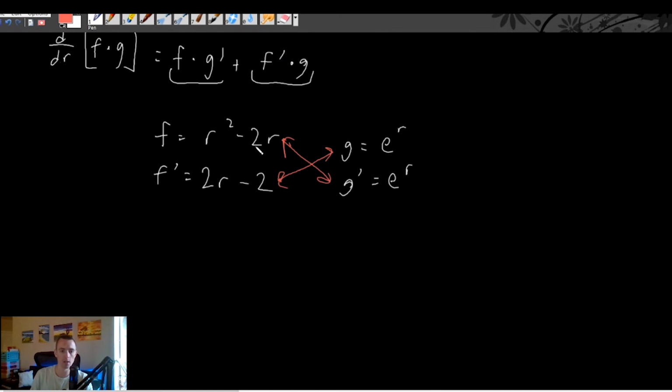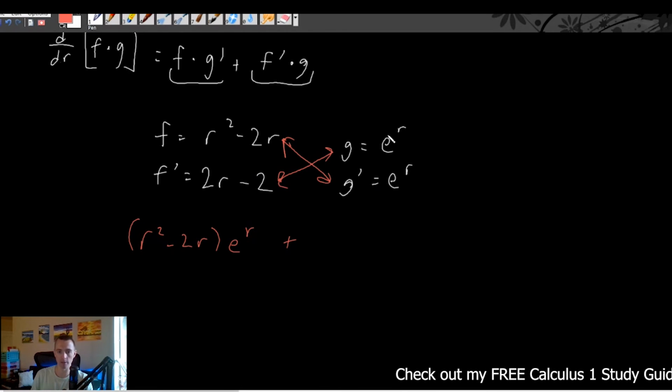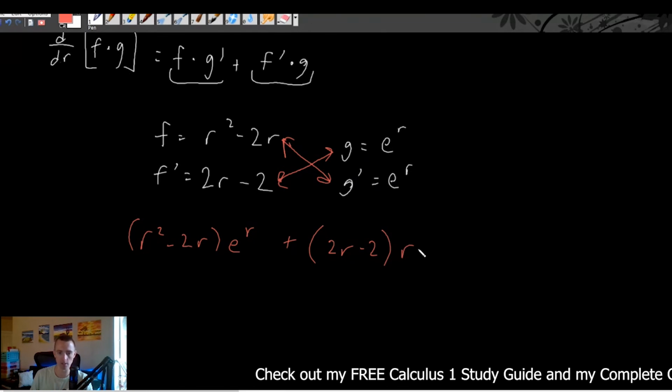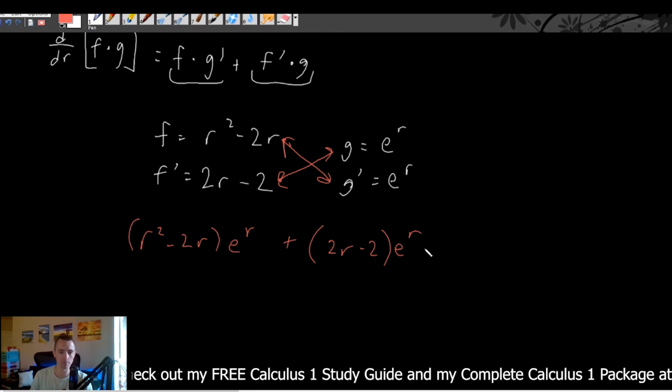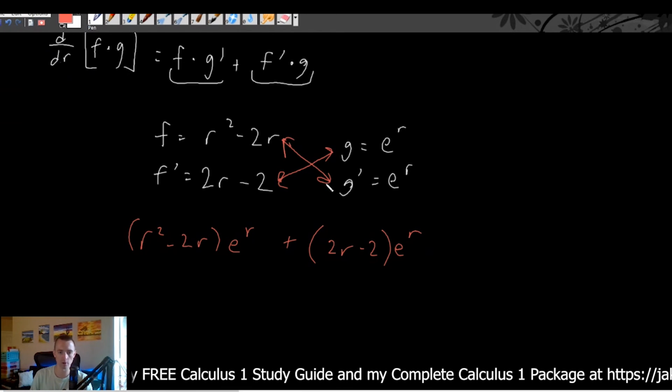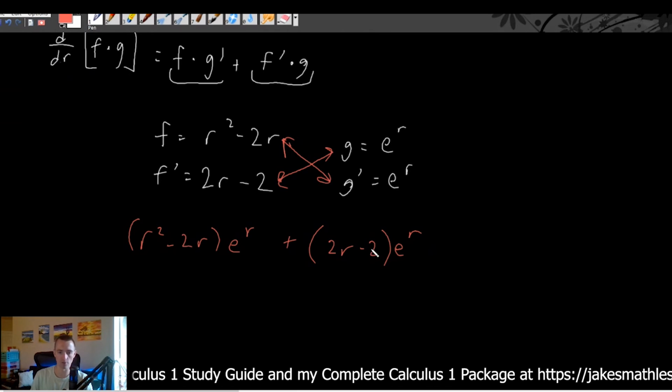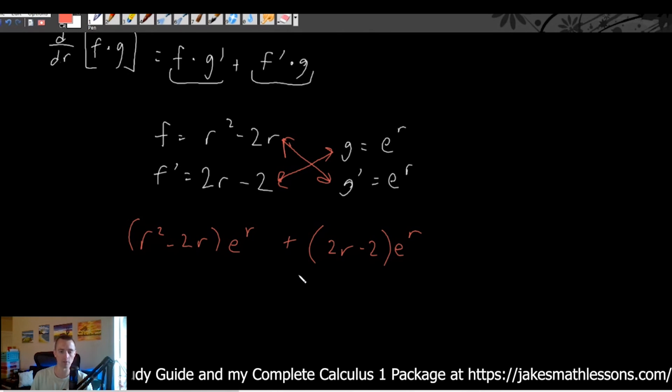So basically this thing times this thing: r squared minus 2r times e to the r, and then add this thing times this thing: 2r minus 2 times e to the r. Okay, so you just multiply them across to get these two different products here, and then add them together.